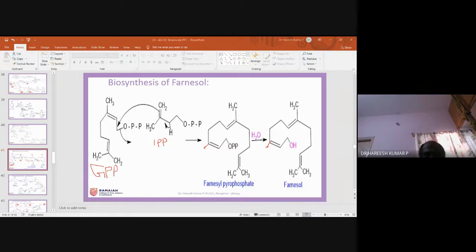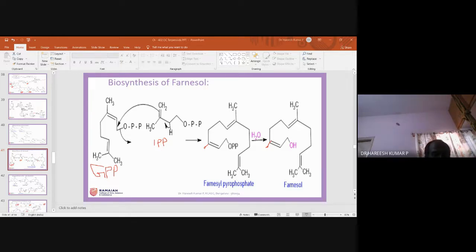The next slide is about how abietic acid is obtained biosynthetically. You know that this is the farnesyl pyrophosphate, written here in a linear form. This linear form of farnesyl pyrophosphate is treated with isoprenyl pyrophosphate.